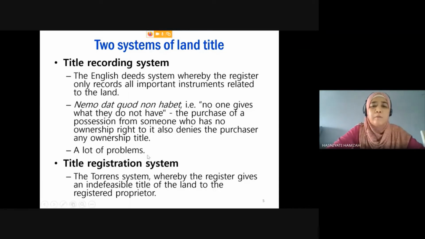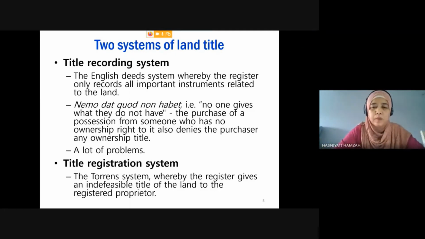You can see that there are a lot of problems in terms of time needed to ensure the chain of ownership is not broken. The time cost also of waiting for the verification of title. Plus the cost that you have to pay the lawyer to do all this verification. What else? If there's a broken chain from before, then what happens then?